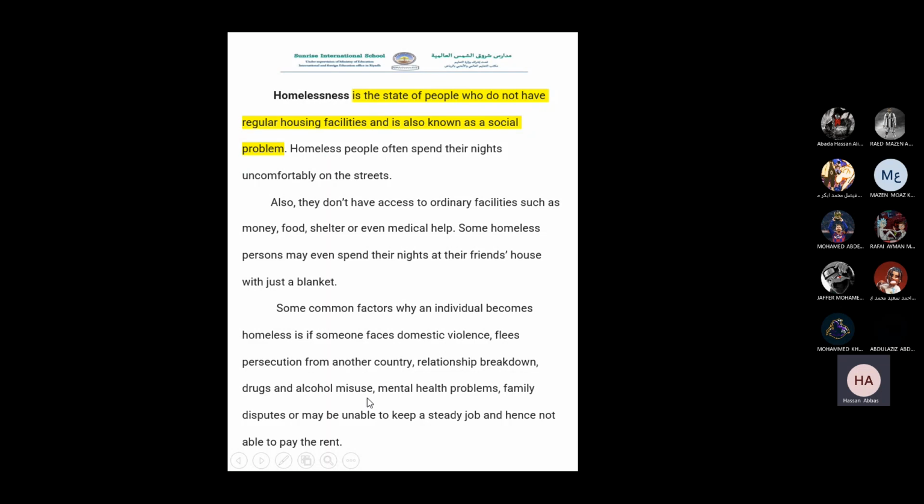All of that they do after leaving the family and the country and the home. Mental health problems, that's why we call it homeless. That means you have no home, no country, no family. Mental health problems, family disputes, or maybe unable to keep a steady job and hence not able to pay the rent.